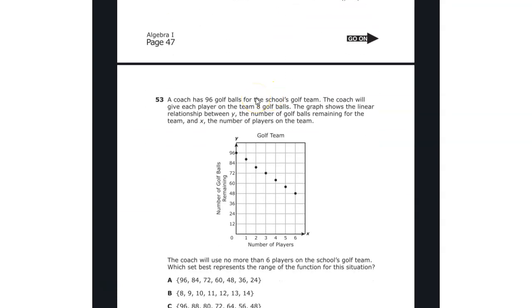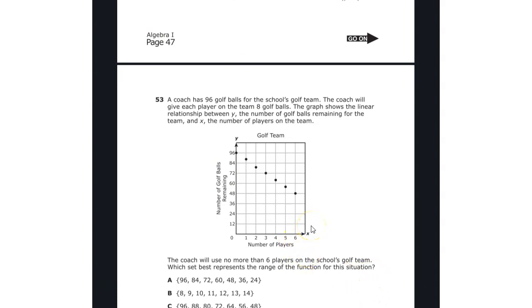Number 53, a coach has 96 golf balls for the school's golf team. The coach will give each player on the team 8 golf balls. The graph shows the linear relationship between y, the number of golf balls remaining for the team, and x, the number of players on the team. The coach will use no more than 6 players on the school's golf team.